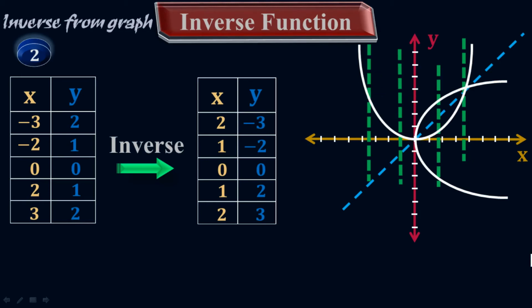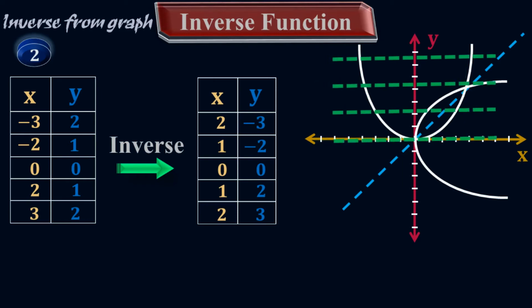But as I said in the beginning, the original function must pass the horizontal line test. Sometimes it may pass the vertical line test but not the horizontal line test. So let me try the horizontal line test here. But something dangerous happens, because it does not satisfy the horizontal line test.